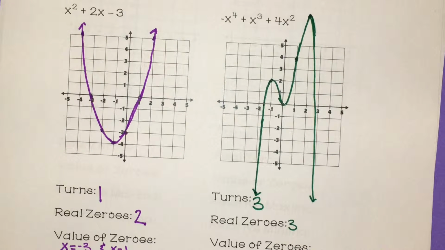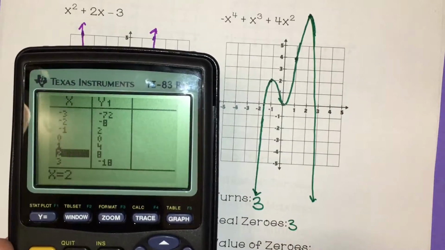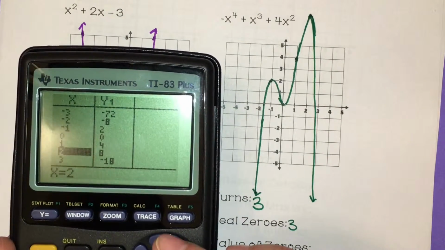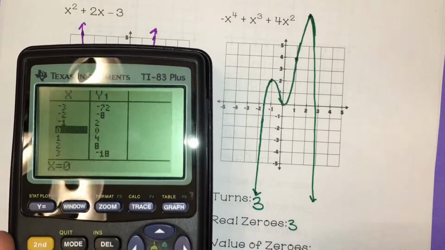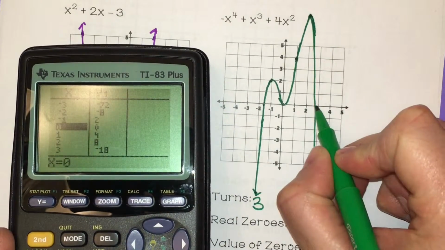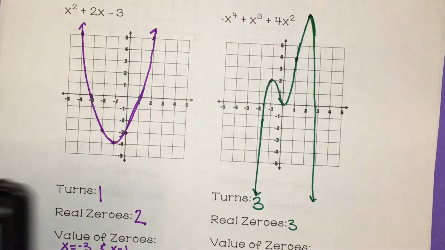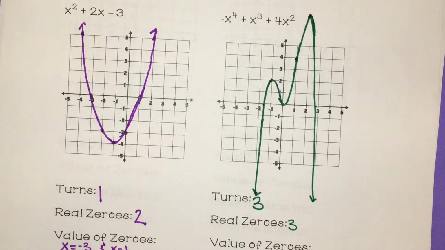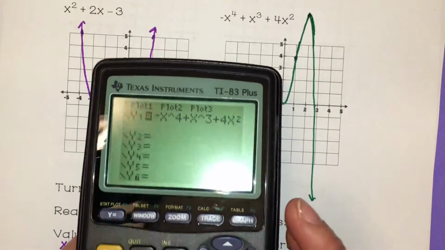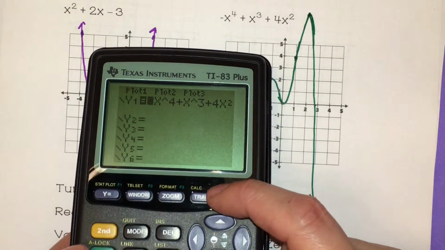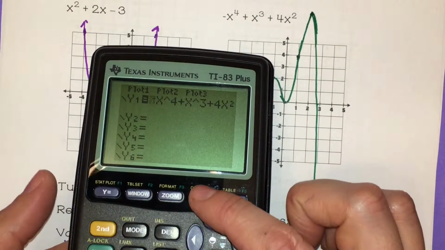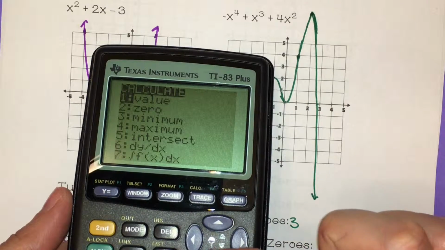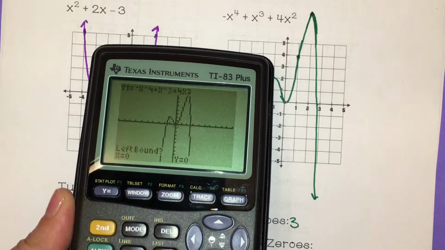So I'm going to look back at that table and see if I can see where y equals 0. All right, I have one of them, but these 2 points aren't quite as specific. So remember that button, mine's a calculate button. I'm going to hit second, and I can identify some zeros here.